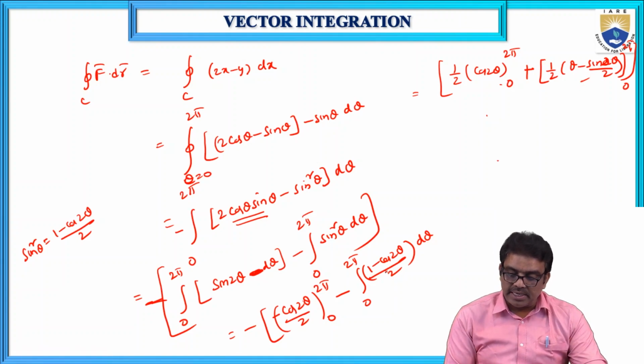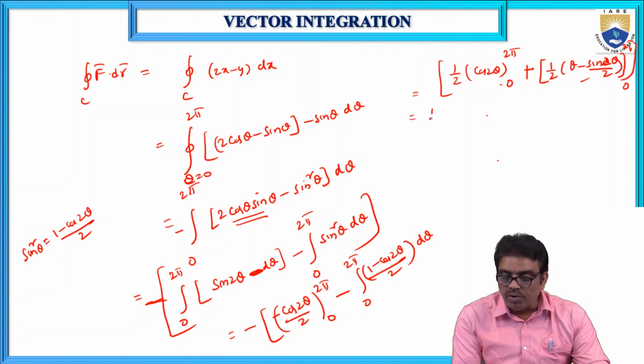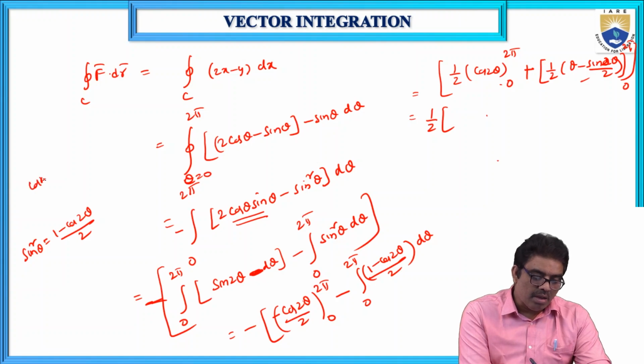Now on substituting the limits, cos 4 pi: the cos n pi formula is minus 1 to the power n.